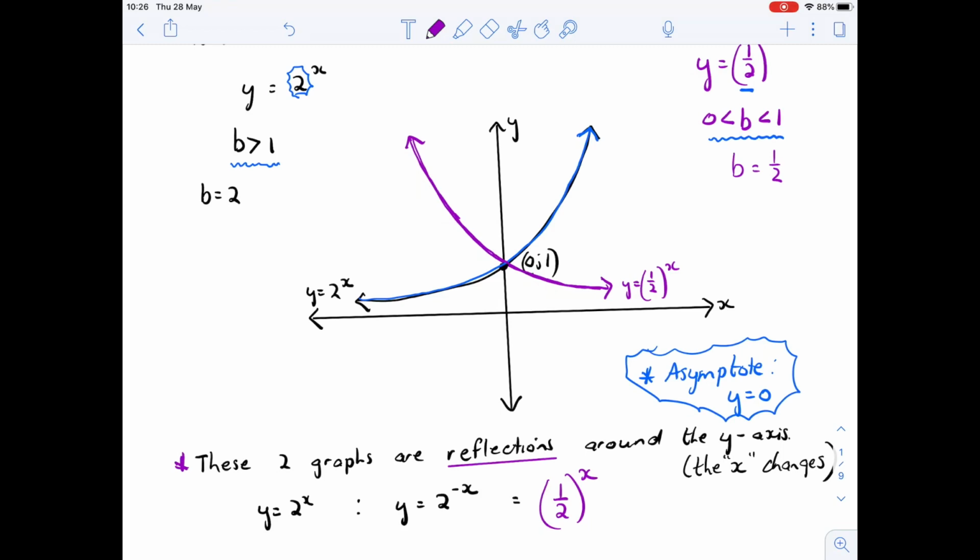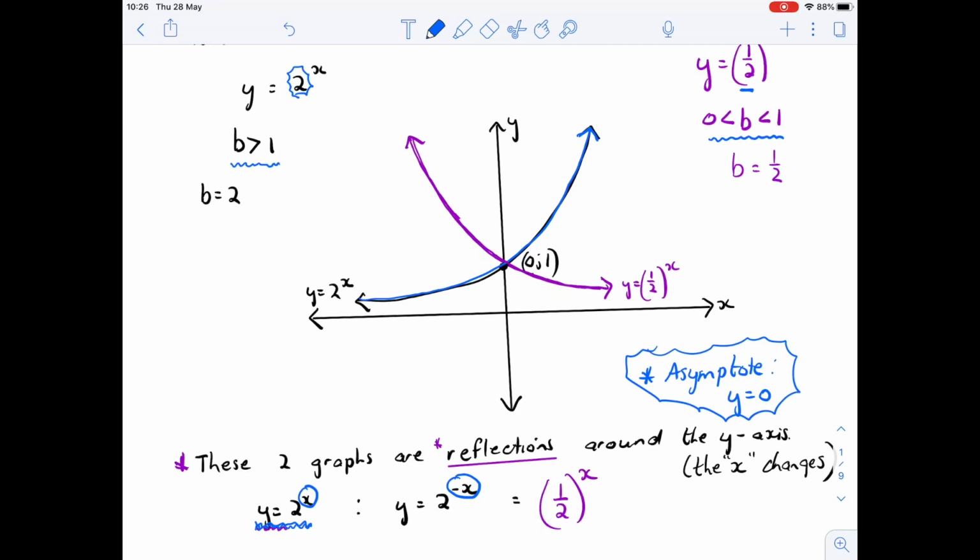And remember from reflections from long ago in grade 9, that's the blue graph, y equals 2 to the x. If I reflect it around the y-axis, then the x changes from a positive to a negative.